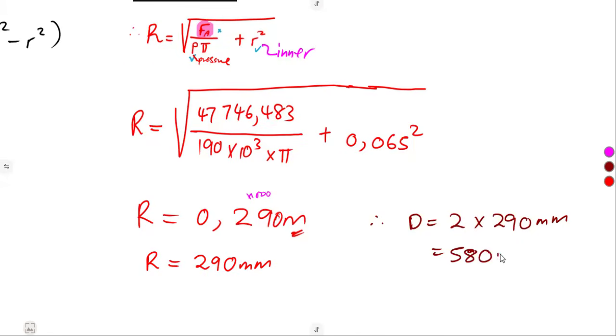So that's 580 in millimeters. If you want it in meters, you just multiply the radius in meters by 2. You have your diameter, it was going to be 0.58 in meters. It is up to you, or you can have it in millimeters like this.